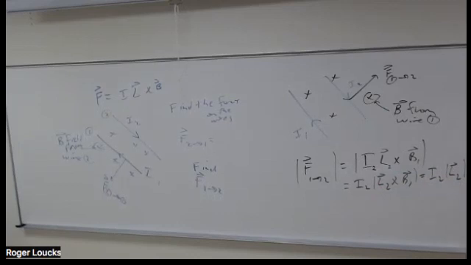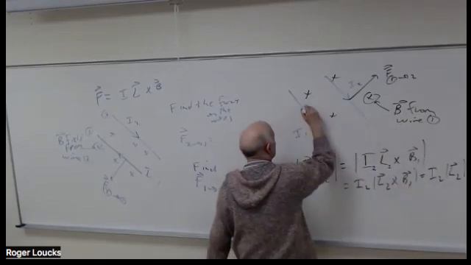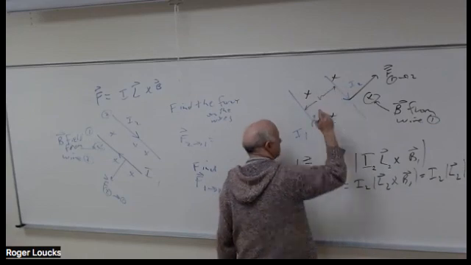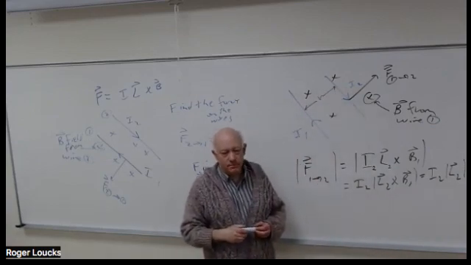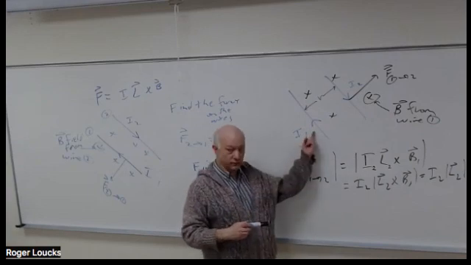What is the magnitude of B1? The magnetic field for a long straight wire is mu naught I over 2 pi r. Where is the r in this picture? This r is going to be the distance between the wires. Which I goes in there? The one creating the magnetic field, which is this one here.